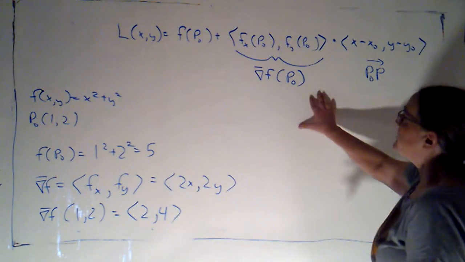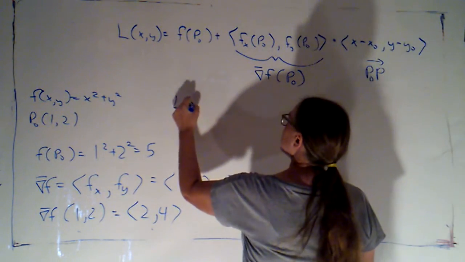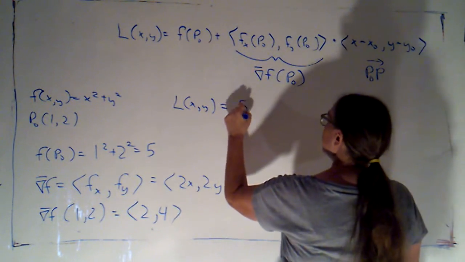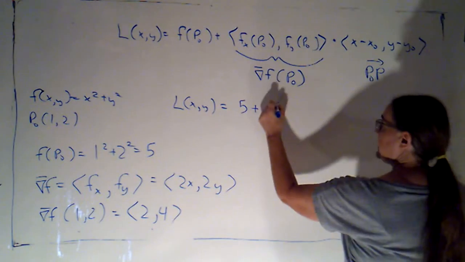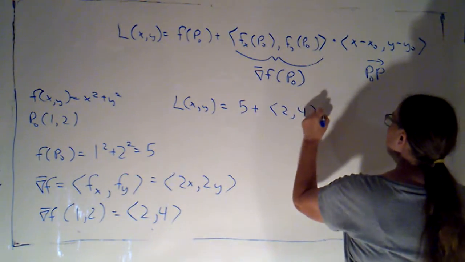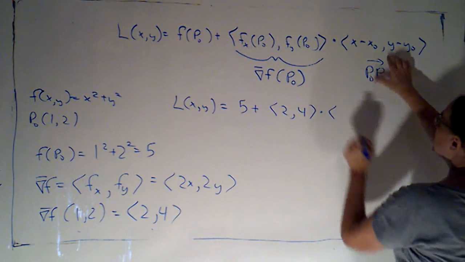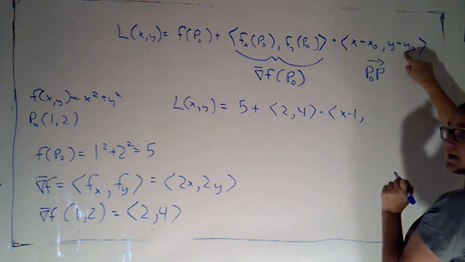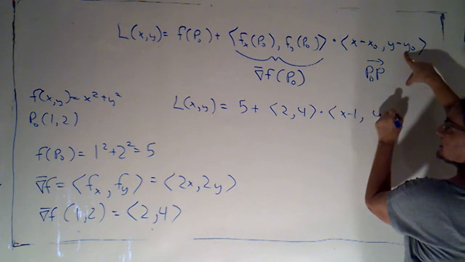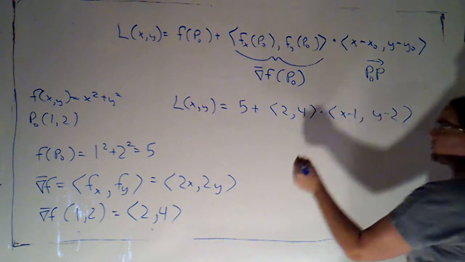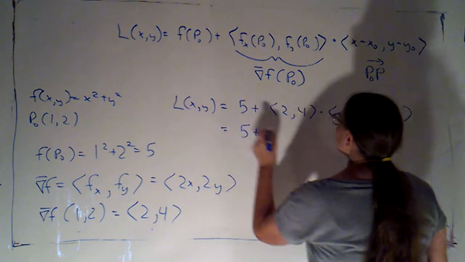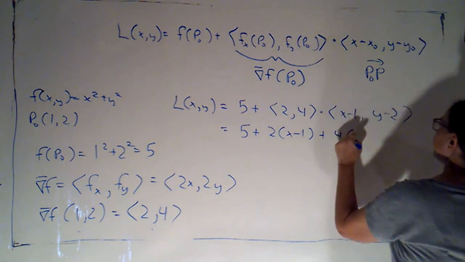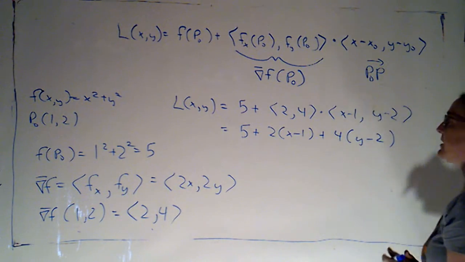Okay, so now I can say L of (x, y) is f of p naught, which we said was 5, plus the gradient at p naught, which we said was (2, 4), dotted with (x minus x naught, y minus y naught), which becomes (x minus 1, y minus 2). I'm going to work that out a little bit. That's 5 plus 2 times (x minus 1) plus 4 times (y minus 2).